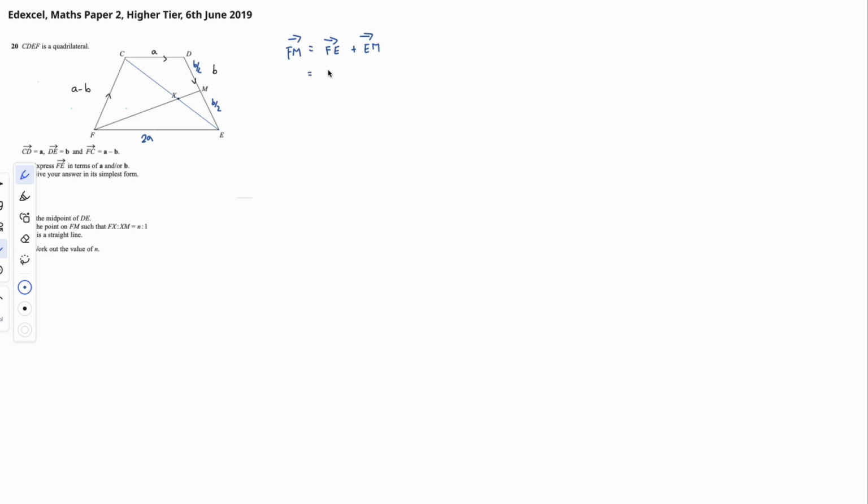So FE is equal to 2a, and we're going in a negative direction for E to M. That gives us 2a minus a half b for FM.